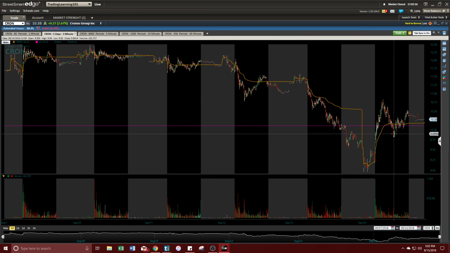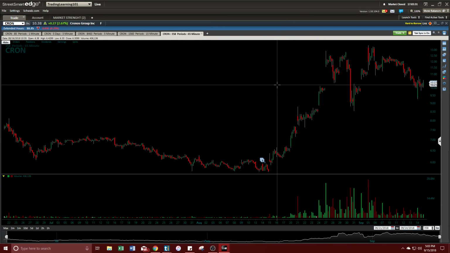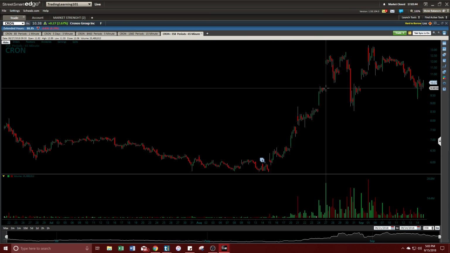So right here, ran from 988 up to 1035, pulls back to 10, runs up to 1050. And then on the 65-minute chart, you see the 988 level. It had resistance here, and then now it's bouncing right here. So 988, $10.